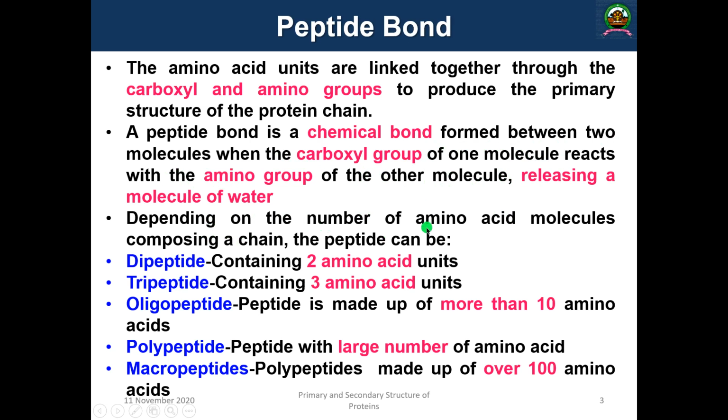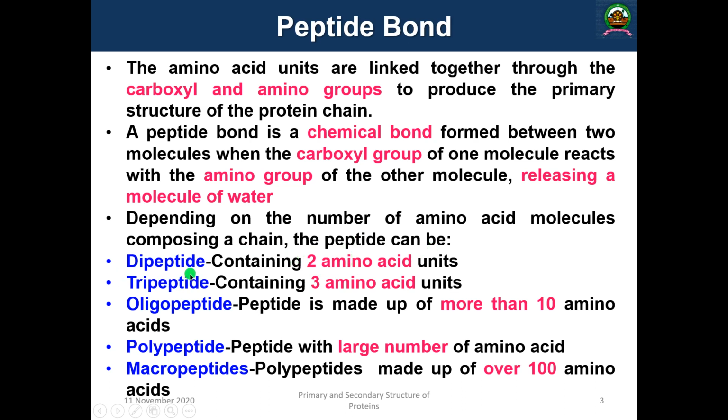Depending on the number of amino acid molecules in a protein chain, the peptide can be dipeptide, tripeptide, oligopeptide, polypeptide and macropeptide. So this is the classification depending upon the number of amino acids. Dipeptides consist of only two amino acids and one peptide linkage.